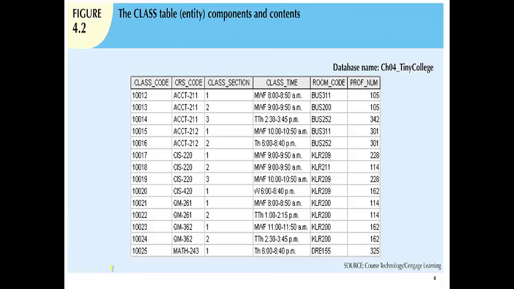So if we, I like red. So we have a key, and so here we have the class table. And we see it has a class code, a course code, a section, a class time, a room, and a professor number. And as you look at this, I think you probably can see that some of these things, the primary key, class code, makes perfect sense.